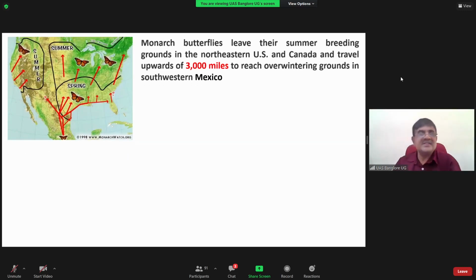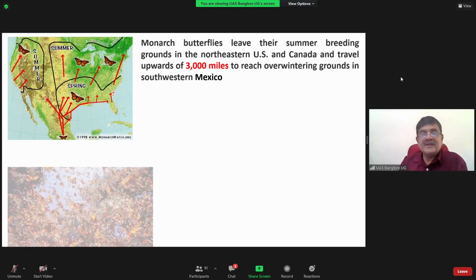Here you can see this is the US, and now South America. You can see the migration pattern of monarch butterflies. Monarch butterflies leave their summer breeding ground in northern US and move towards the south, traveling around 3,000 miles to reach their wintering ground.